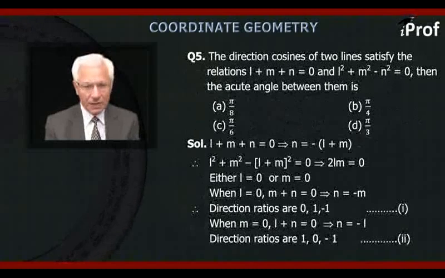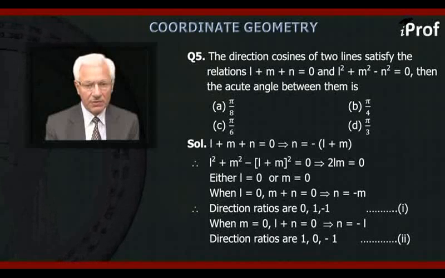The direction cosines of two lines satisfy the relation l plus m plus n equal to 0 and l square plus m square minus n square is equal to 0. Then the acute angle between them is, options are pi by 8, pi by 4, pi by 6 or pi by 3.